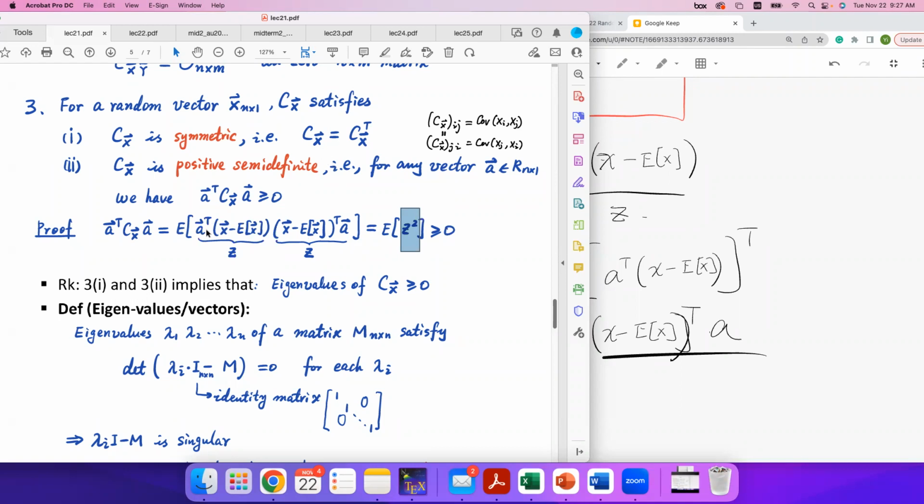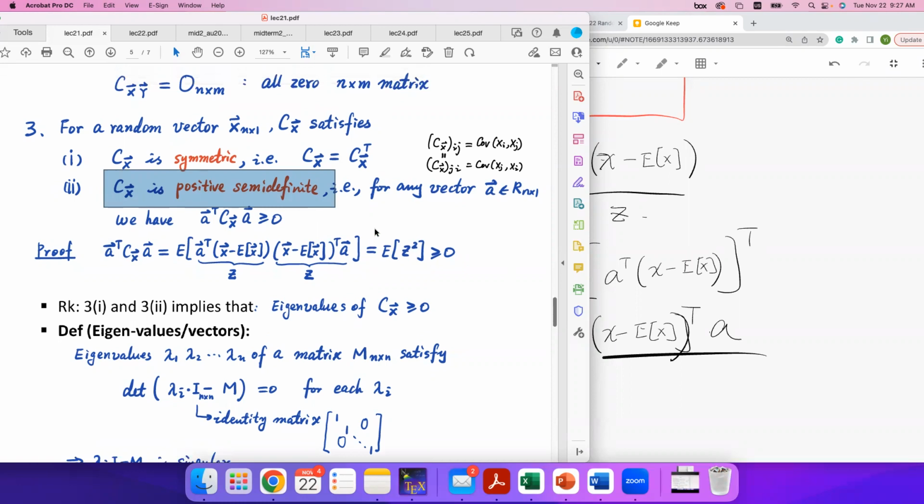So this shows that for any arbitrary A, this product always takes a square form and is therefore always non-negative. So this shows this autocovariance matrix is positive semi-definite. It's a PSD matrix, a very important structure of this autocovariance matrix.